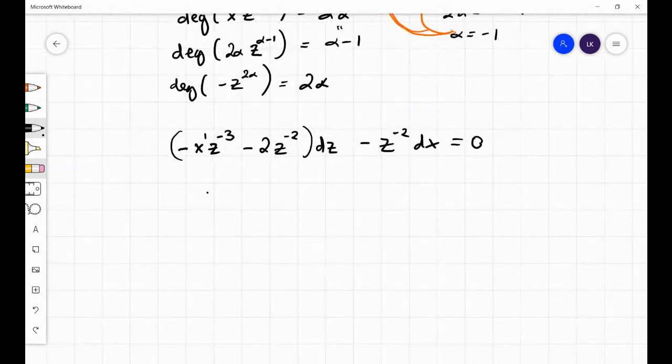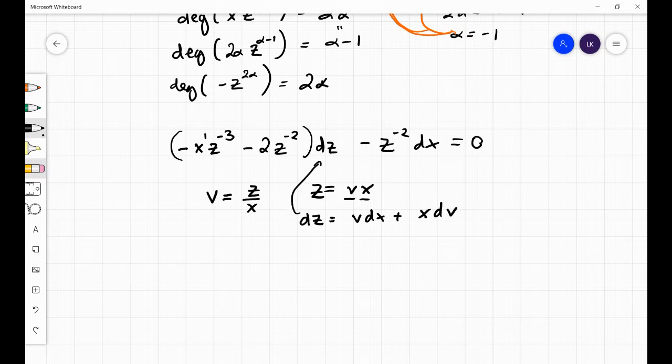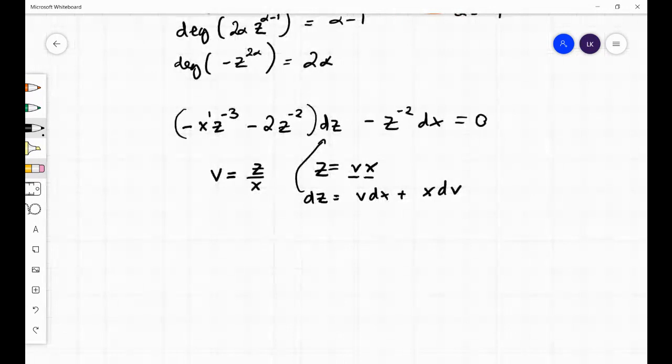So we can proceed by saying let v equal z over x. If you'd like, z is equal to v times x. So that way dz, the differential, using the product rule, and finding the total differential here would be v dx plus x dv. And then we substitute.